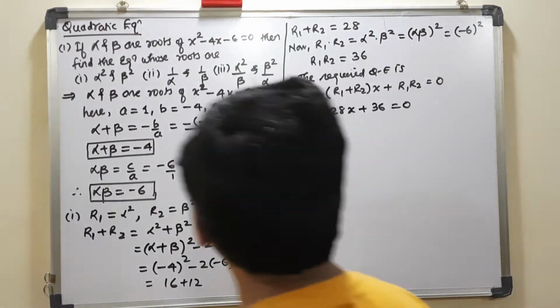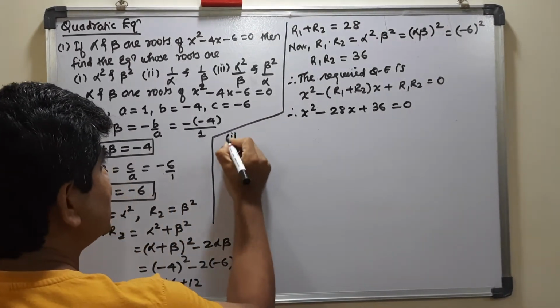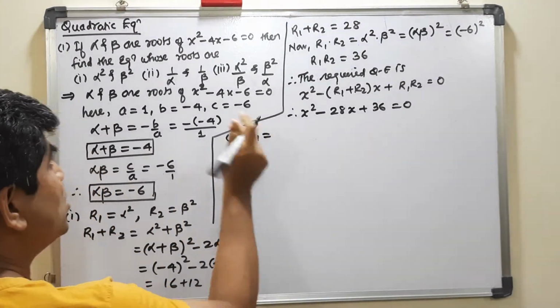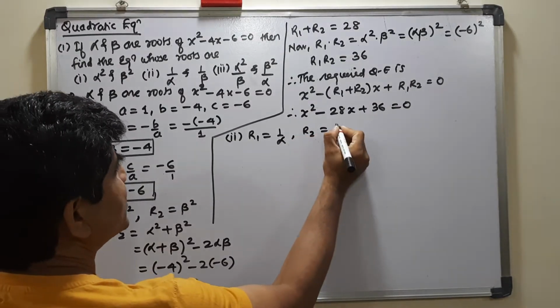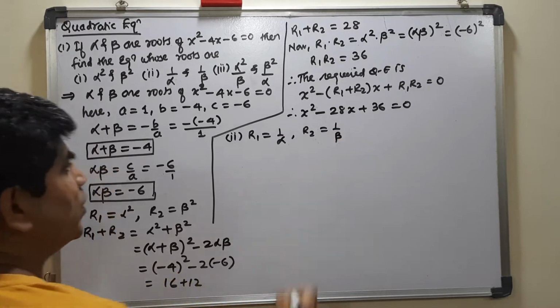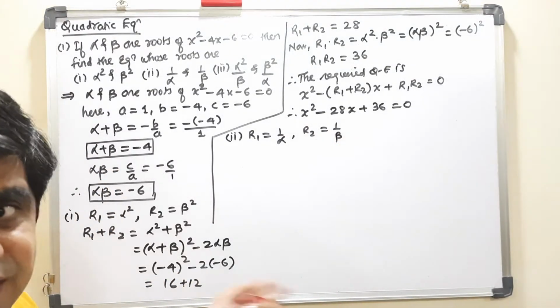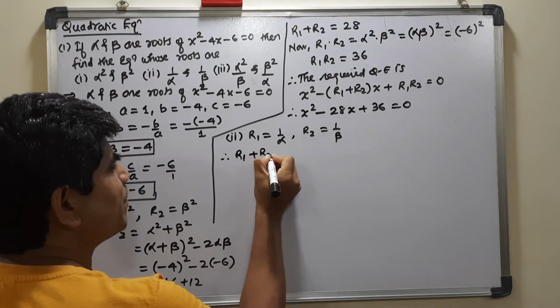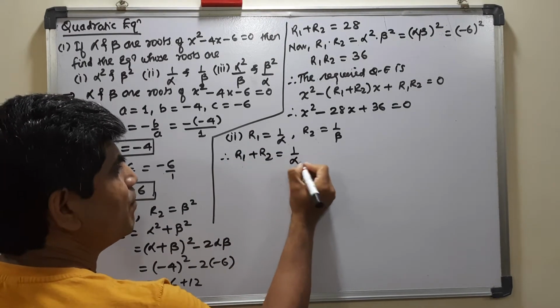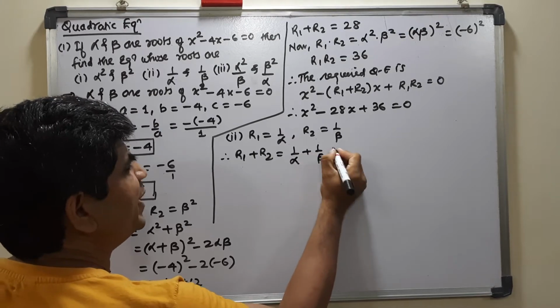Now if you go to the second part, root number 1 is 1 by alpha and root number 2 is 1 by beta. Obviously the sum of roots, R1 plus R2, is 1 by alpha plus 1 by beta.